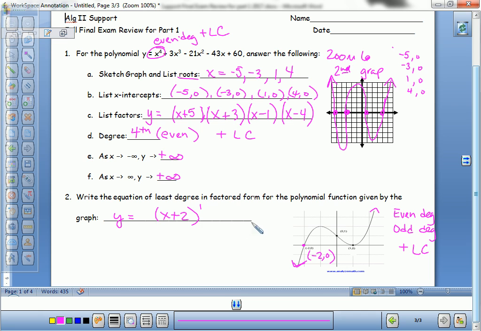Good. Alright. Now, this one right here is positive 1, 0. So what would the factor be? x minus 1. Now, at this one, it doesn't pass through. It hits and bounces back. What does that tell us about it? Do y'all remember that weird terminology we used?